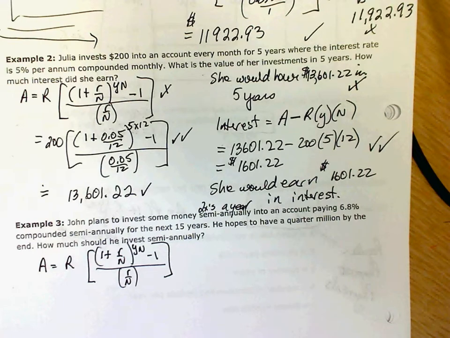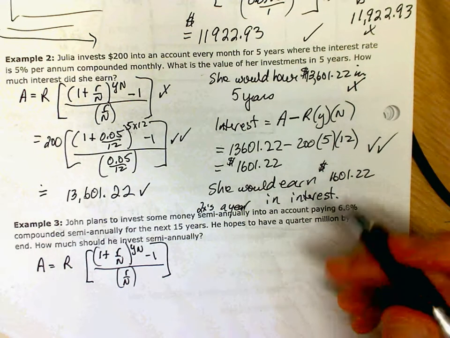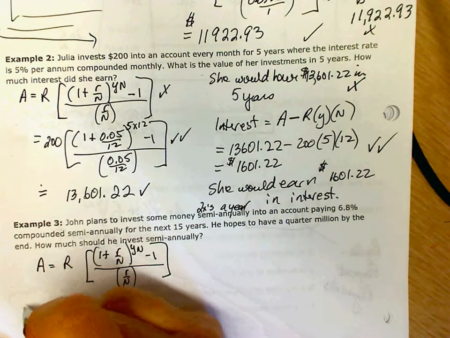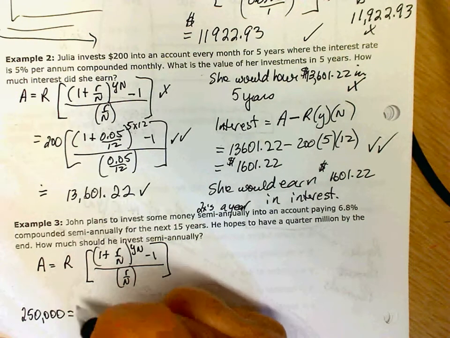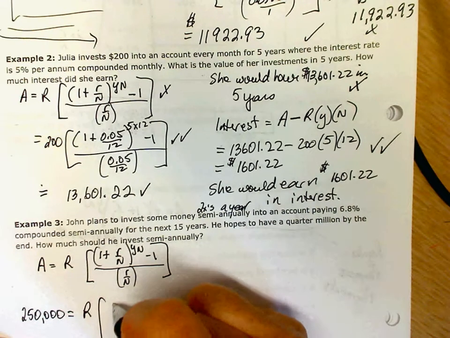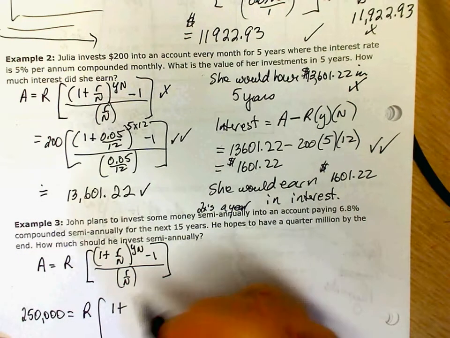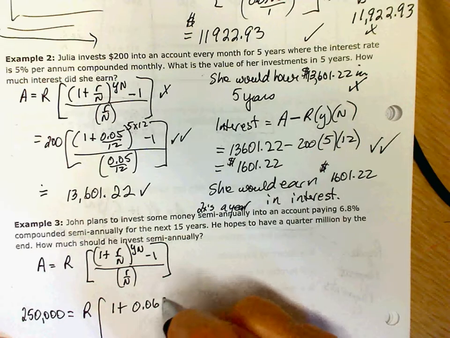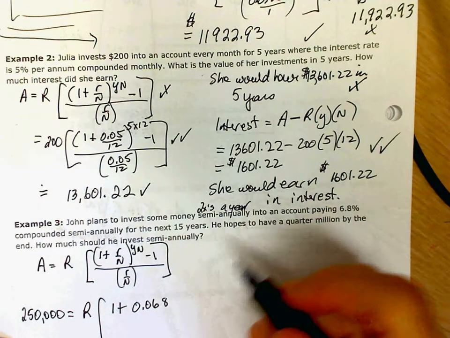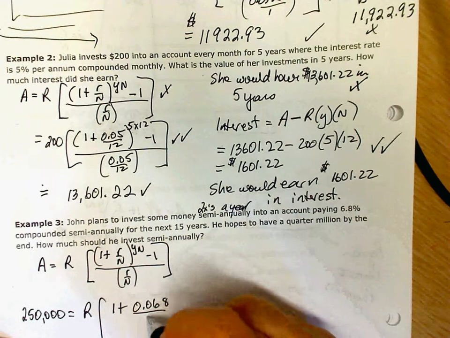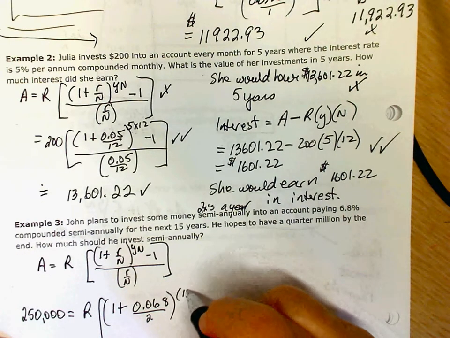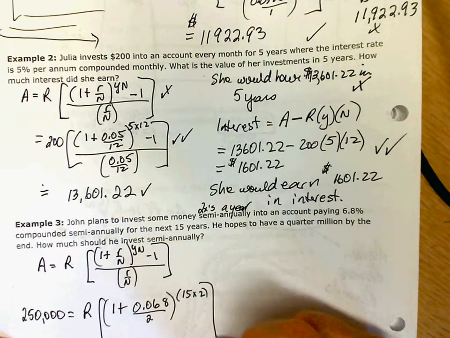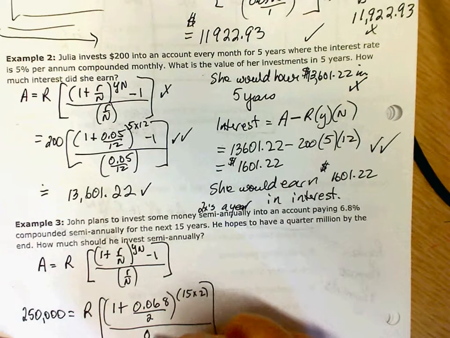Okay, so he wants $250,000. That's 250,000 equals, we don't know R, times (1 plus 0.068 over 2 compounding periods a year) to the 15 times 2, right? 15 years, minus 1, all over 0.068 divided by 2.